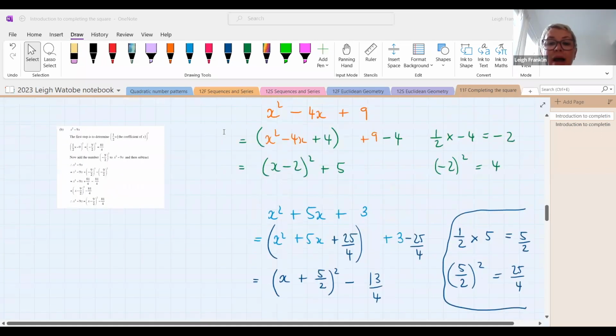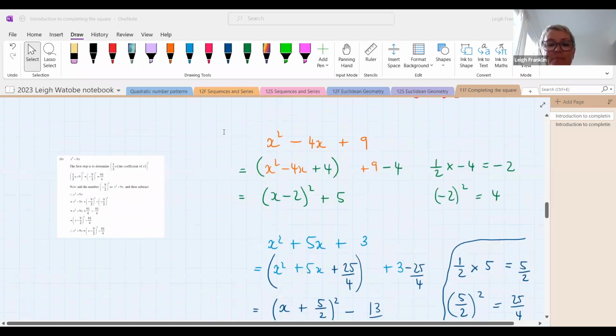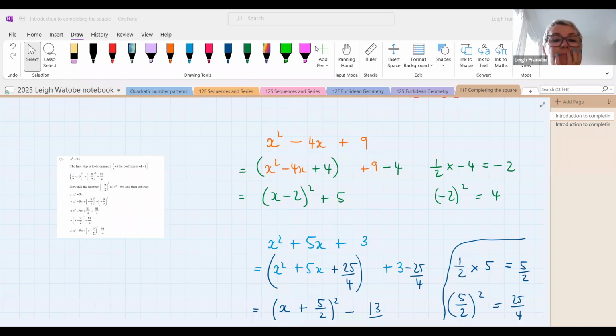Hi, ma'am. Hey. I wanted to ask, instead of doing it the way you are doing it, if it's x squared plus 5x plus 3, instead we divide the 5x by 2, and then what we get is x squared plus 5x, and then plus 5 over 2 squared, and then we say minus 5 over 2 squared plus 3 instead.